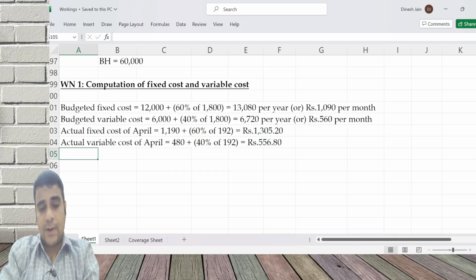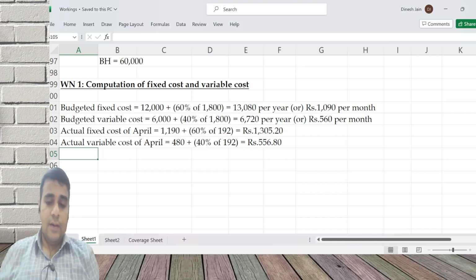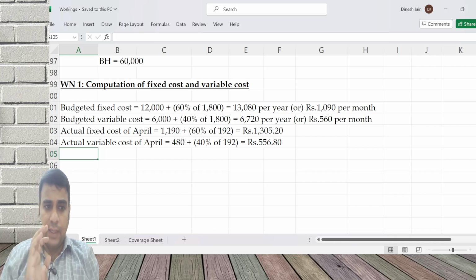Budgeted fixed cost, budgeted variable cost, actual fixed cost, actual variable cost. With this, we can then start doing all the calculation. But till this, I wanted to first do that calculation of the 60-40 split, fixed 60, variable 40.